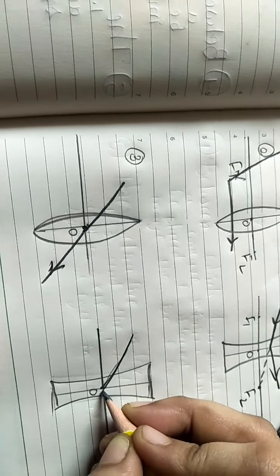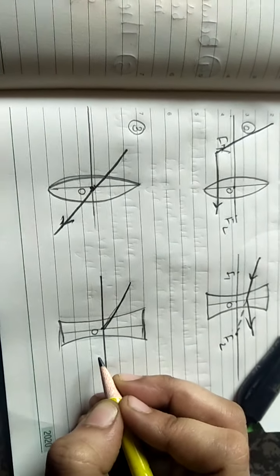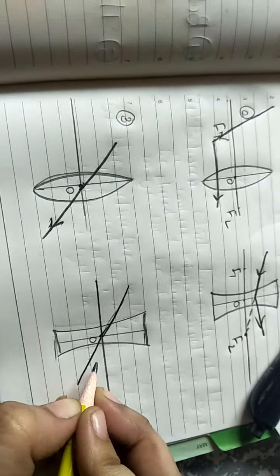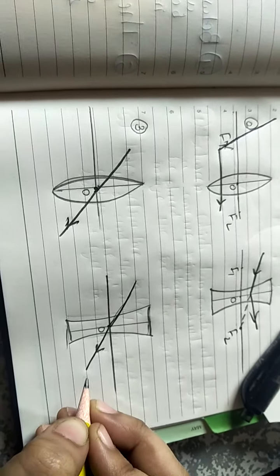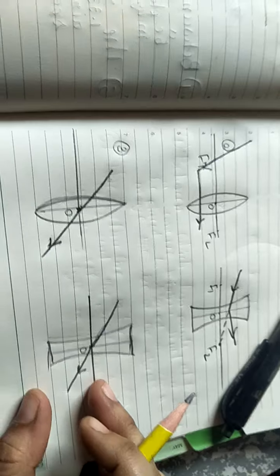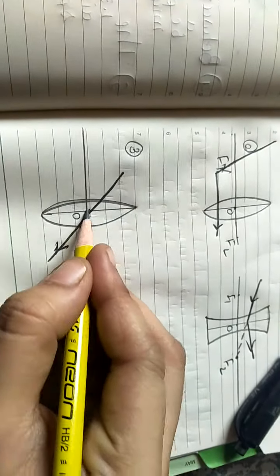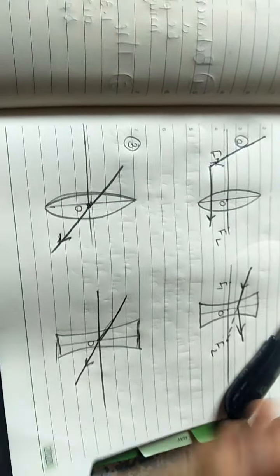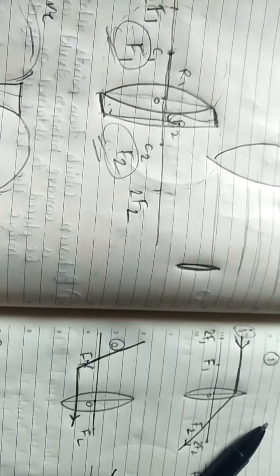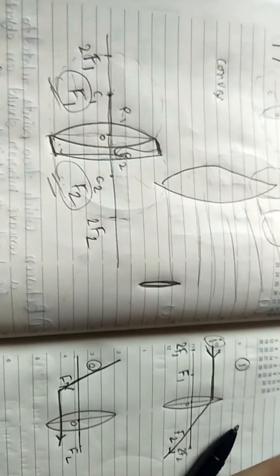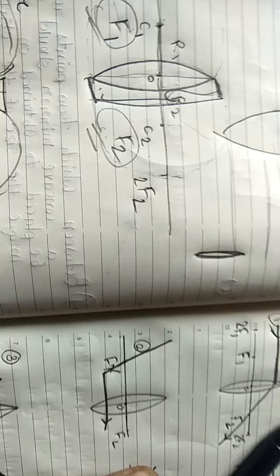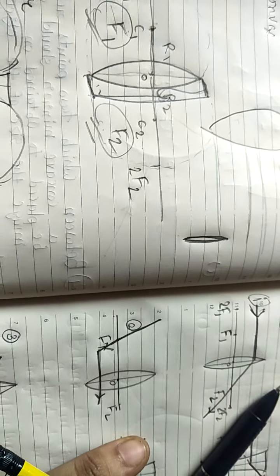You can draw with a scale, student, because I hold the camera in one hand and I'm not so comfortable, so it diverts. In both cases, when it passes through the optical center, it goes straight. So this is image formation in the lens, ray diagram rules. I hope you are clear about these rules.